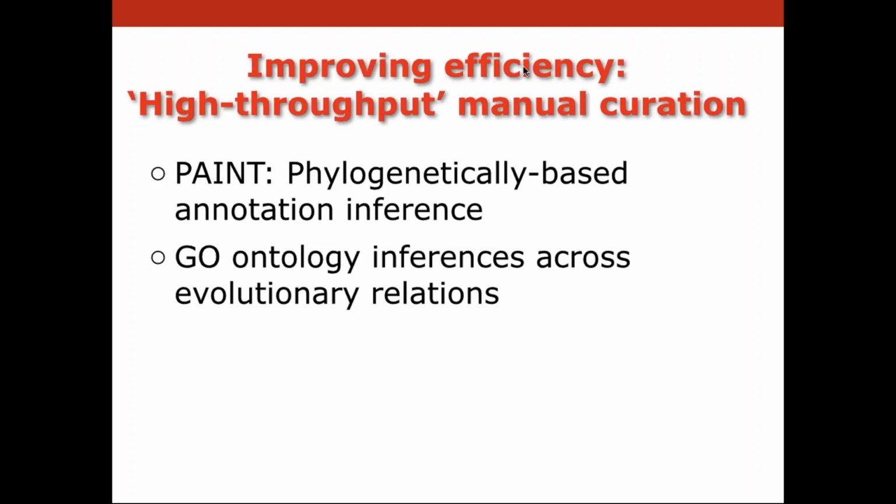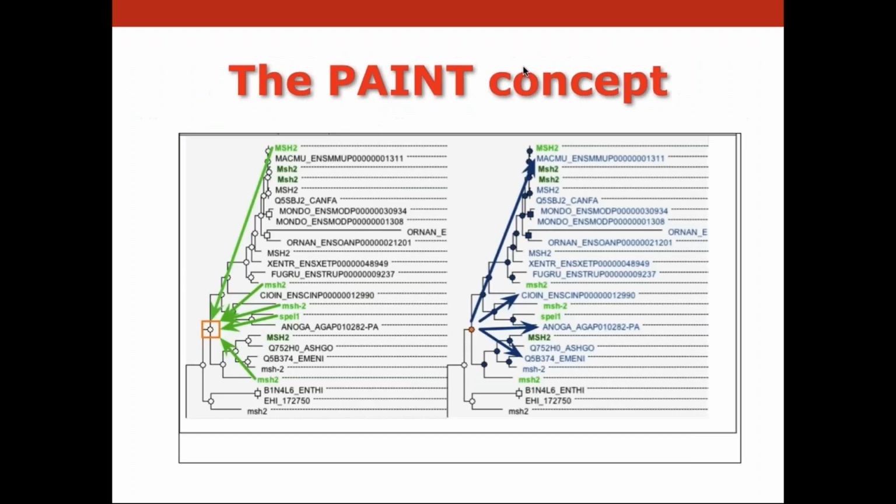So I'm going to give you one example in that direction. In the Gene Ontology Consortium, we have developed a tool called PAINT, phylogenetic-based annotation inference, and what we do is we make Gene Ontology annotations using evolutionary relations. So I'm just going to spend a couple of slides describing this.